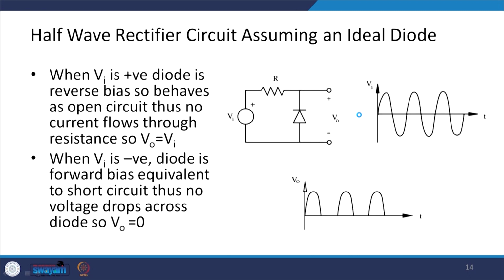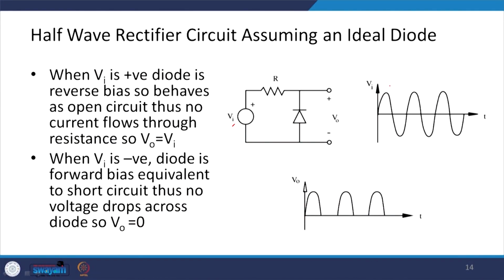Now, this characteristic of the diode, that it allows current only in one direction, can be used for rectification. Here, suppose I have a voltage source Vi, which is varying, and a circuit with a resistor, and I am putting a diode here, and from this diode I am taking the output voltage.